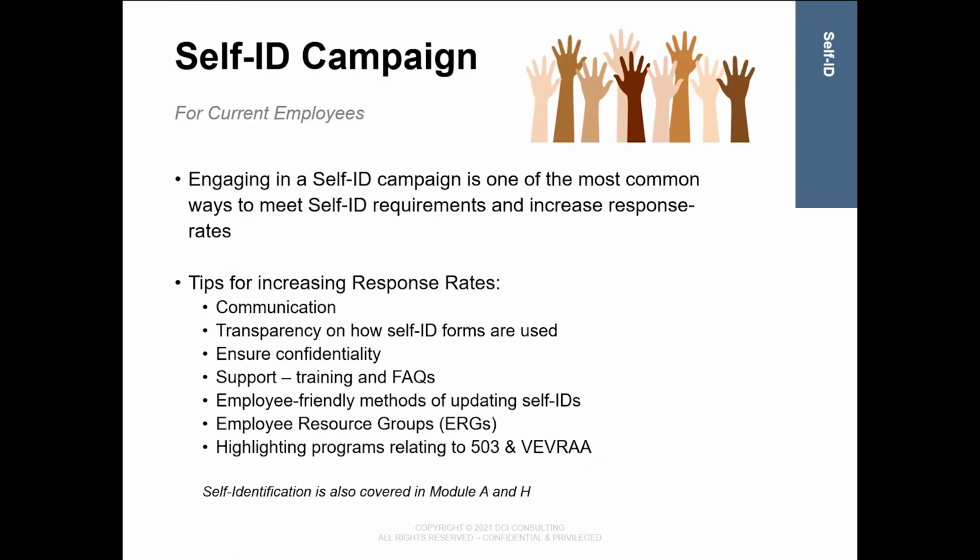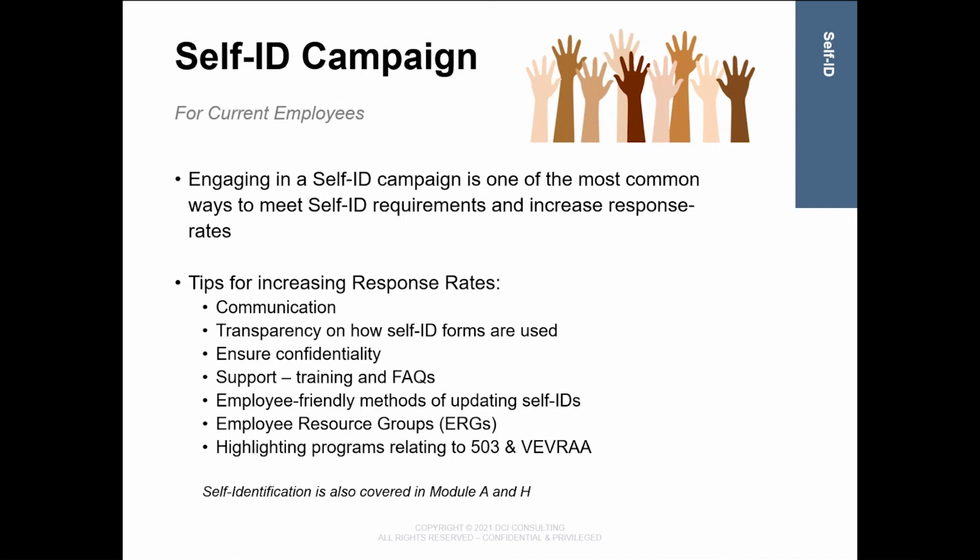Oftentimes, clients ask us how to increase their voluntary self ID response rates. Engaging in a self ID campaign is one of the most common ways to meet self ID requirements and increase response rates. Consider bringing a team together, including communications professionals and diversity and inclusion, to create a campaign that highlights the importance of self identification for your organization.